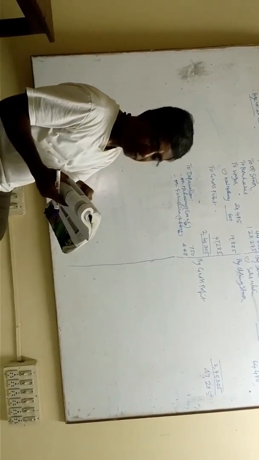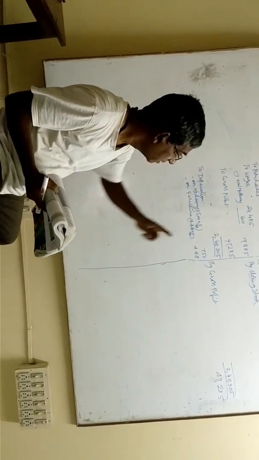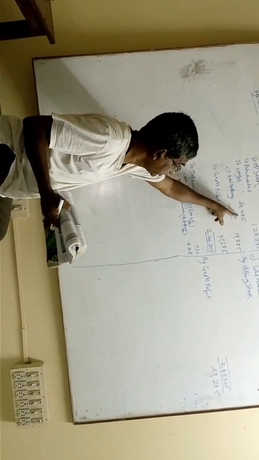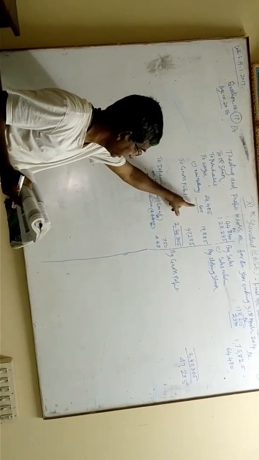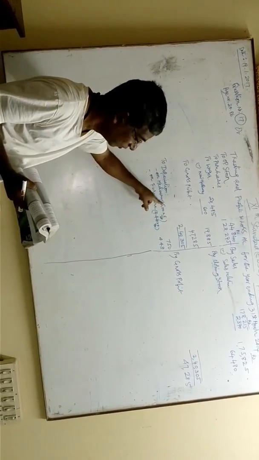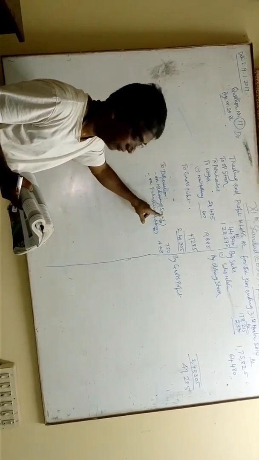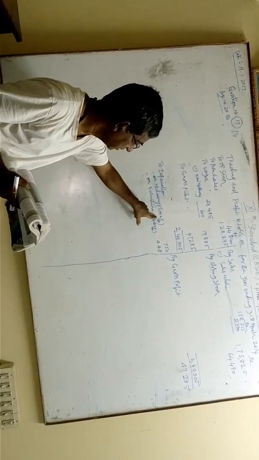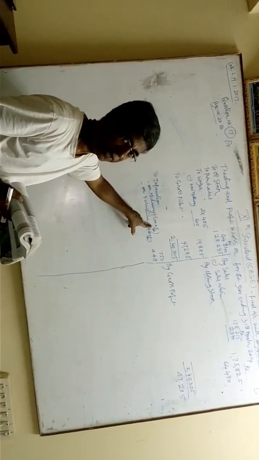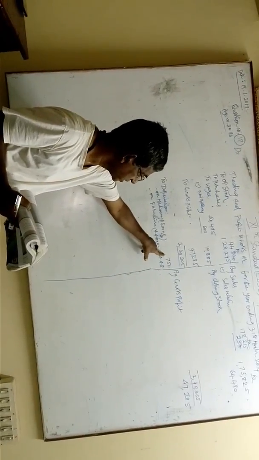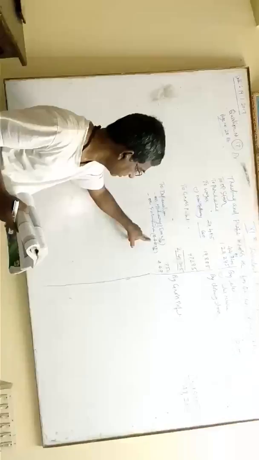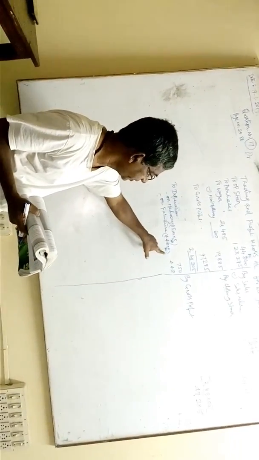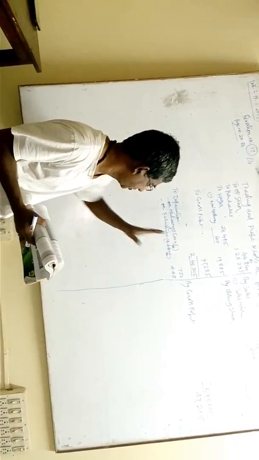Machinery you have 14,400 plus wages. Here you subtracted the 600, so we add 600 to 14,400, which is 15,000. On 15,000 the rate of depreciation is 5%. So it comes to 750. Furniture 4,480 into 10%, that is 448 depreciation.